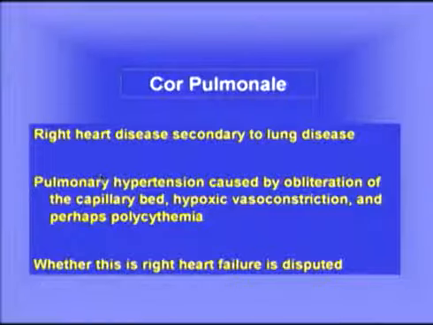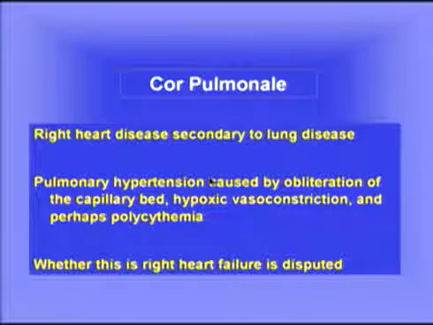Cor pulmonale, we won't dwell on this. It's defined as right heart disease secondary to lung disease, and we've mentioned it already in the context of COPD and in interstitial fibrosis. The pulmonary hypertension is caused by obliteration of the capillary bed.